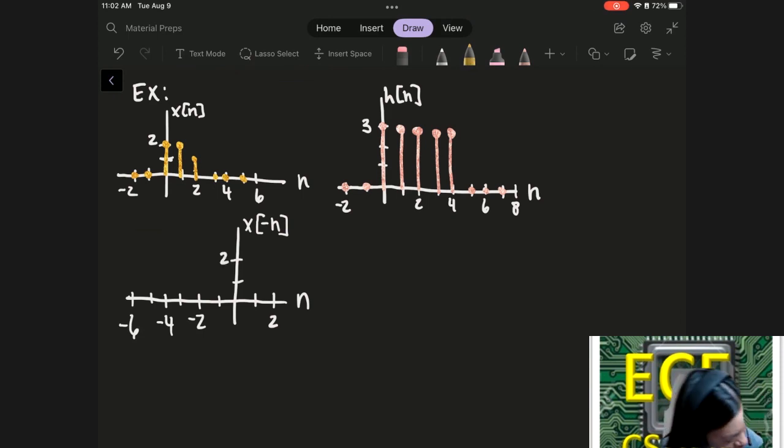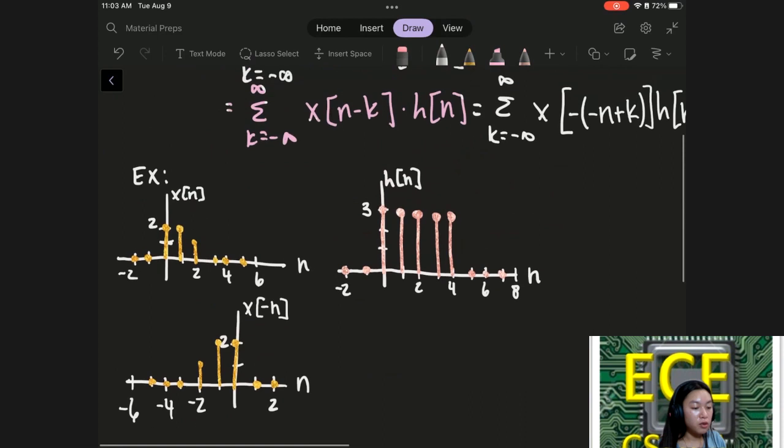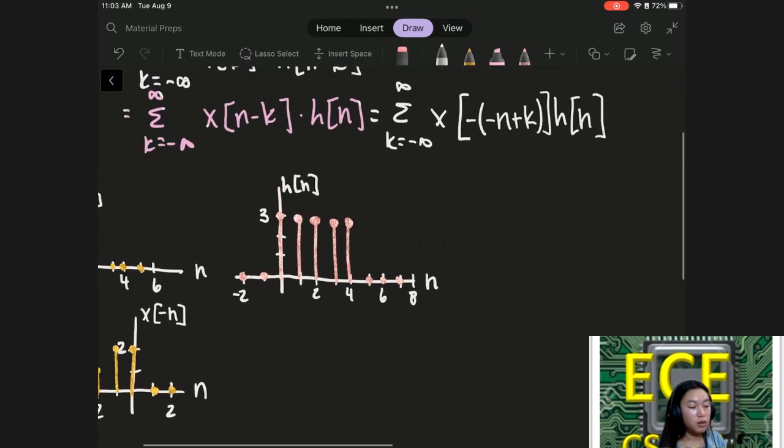So then we get 0, 0, 2, 2, 1, and then zeros. And now you're going to multiply this function with h of n after shifting it.